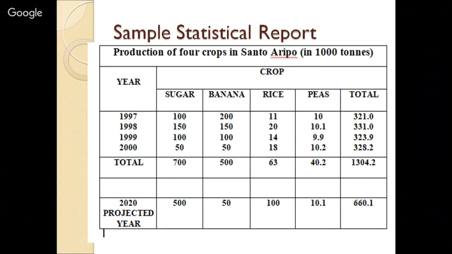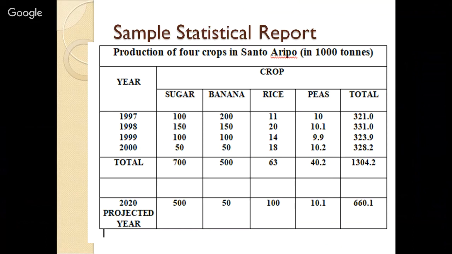Somebody asked, what is the most that it can go? When I was learning to do statistical reports, I think they said between, say, 1 to 5. Keep it within that.